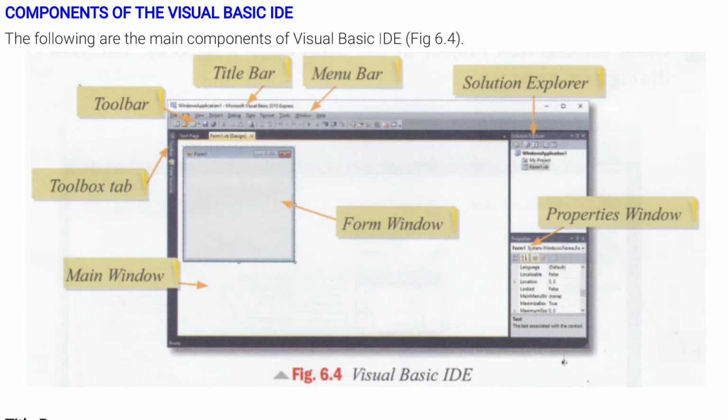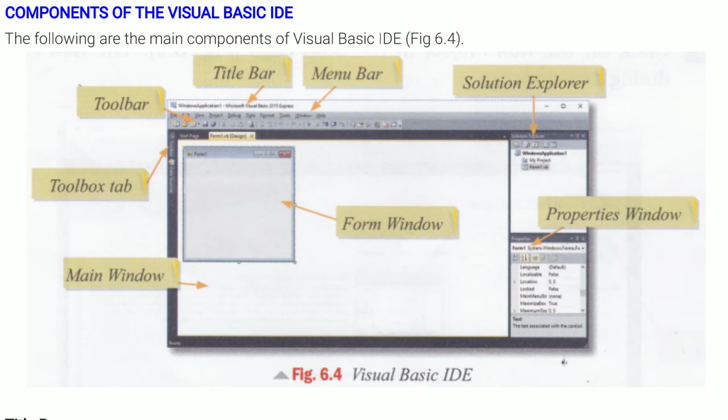As we use this toolbox to design any form, we are also provided some properties, methods and events for every object, either a form or any control that is used for designing a form from the toolbox.